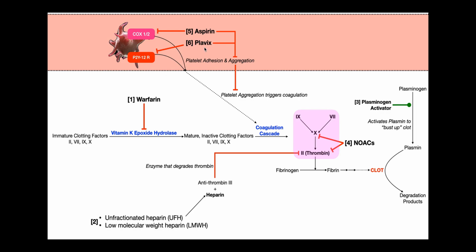And so this drug, which is called Plavix, actually binds to and inhibits this receptor, or blocks the receptor, and prevents platelets from adhering and aggregating. And obviously, as we mentioned, if the platelets adhere and aggregate, that can trigger coagulation. And so by inhibiting platelet adhesion and aggregation, which both of these drugs do by different mechanisms, these drugs also inhibit coagulation, which then inhibits clot formation.